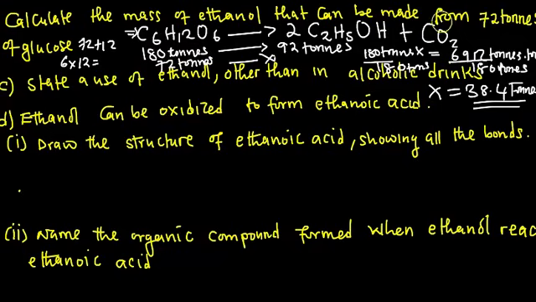Get the mass in the units that you are given. You are given tons, so you put 180 tons, which is just the molecular mass of glucose. Then here we find the relative molecular mass of ethanol, but there are 2, so multiply by 2, which is 92. Then here 72, what would be the mass here? So that is what we found, and that is the answer.